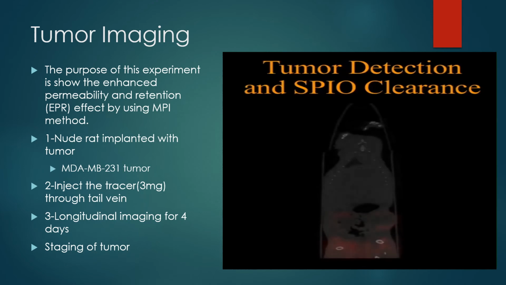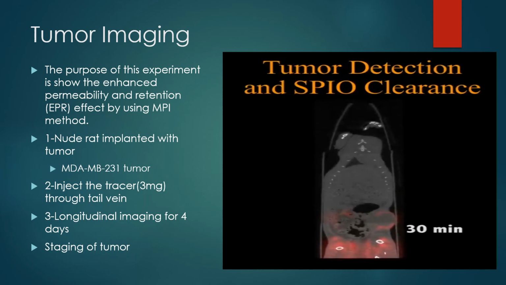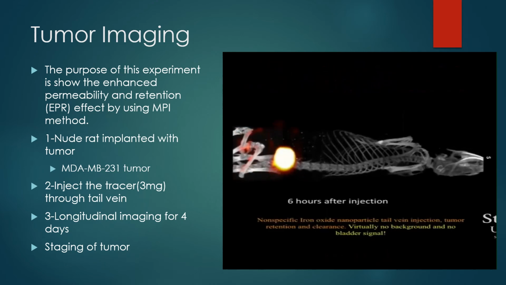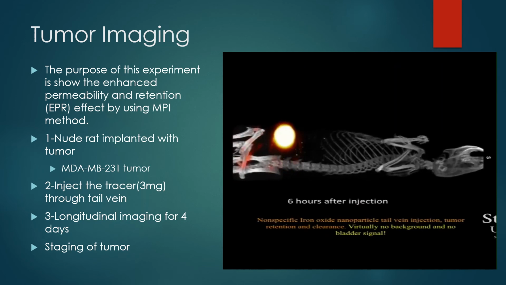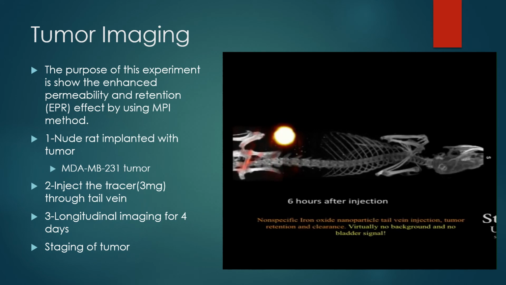Here you can see that after the injection, the tracers accumulate in the tumor sites after 6 hours, and then they are cleared from the body. And here is the three-dimensional image from the mice 6 hours after injection. This method could also help us to determine the stage of the tumor.